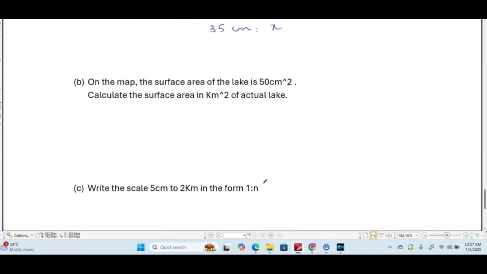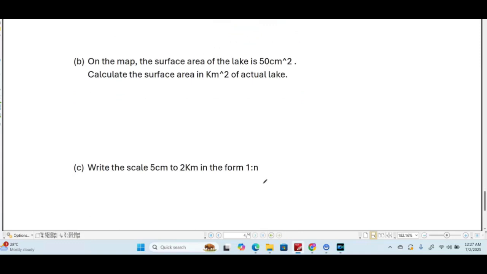Now the next part of the question says that on the map the surface area of the lake is 50 centimeter squares. Calculate the surface area in kilometer squares of the actual lake. Now this is the continuation of the same question, and we know that on the map 5 centimeters was equal to 2 kilometers.